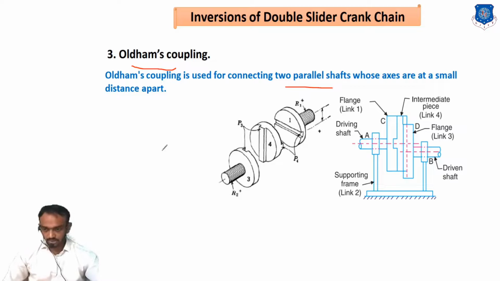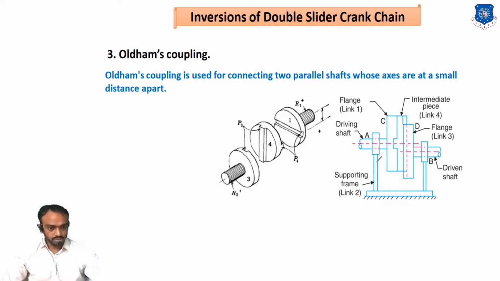Lateral means there is one shaft and a second shaft, but the axes of both shafts are at some distance from each other. In the figure you can see this misalignment. Due to this misalignment, we have to use the Oldham coupling.